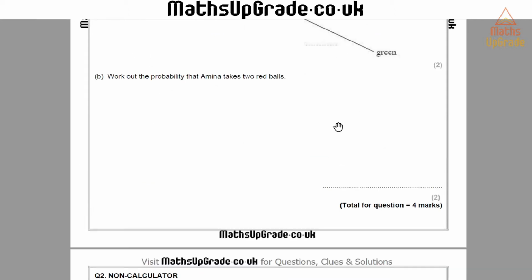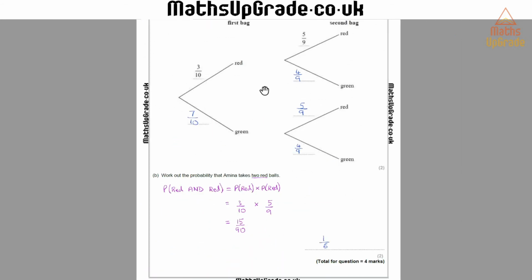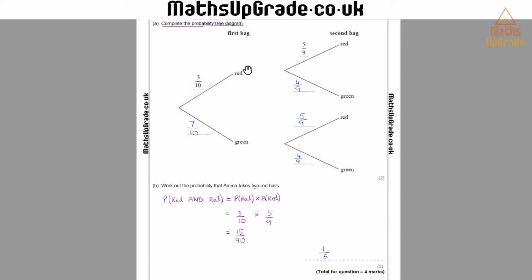Part B states we need to work out the probability of taking 2 red balls. So in this question here, you need to just follow the path of red and then red again. So if she takes 2 red balls, that'll be a red ball, so that's 3/10, and another red ball, that's 5/9.